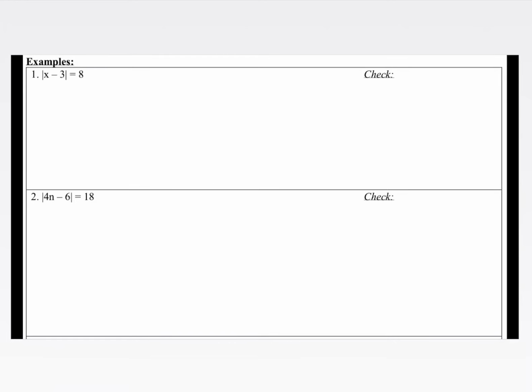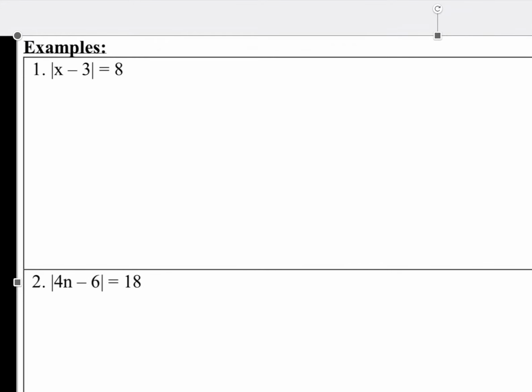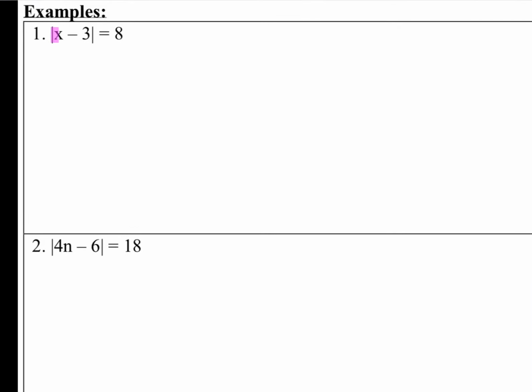Let's try a few examples. Here we have the absolute value of the quantity x minus 3 equals 8. So in my absolute value here, this whole quantity, I could either plug in positive 8 and get out positive 8, or I could plug in a negative 8 and get out positive 8.